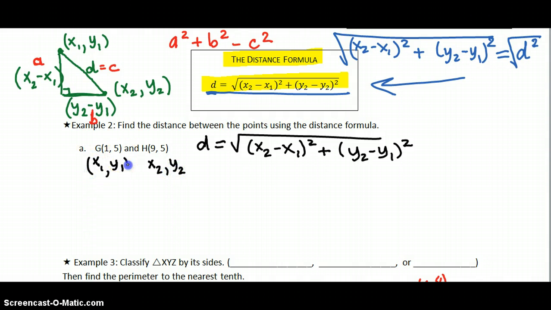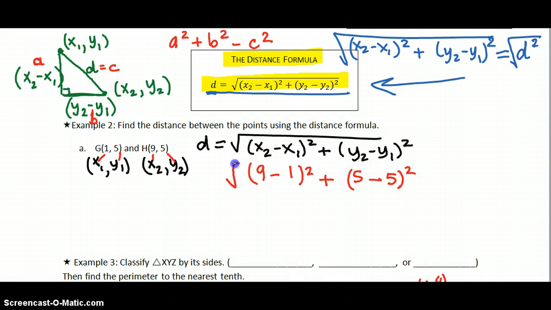In other words, my first point and my second point. So plugging in, x sub 2 here is 9, minus x sub 1 right here is 1. I'm going to square that, plus y sub 2 was 5, minus y sub 1, which is also 5.